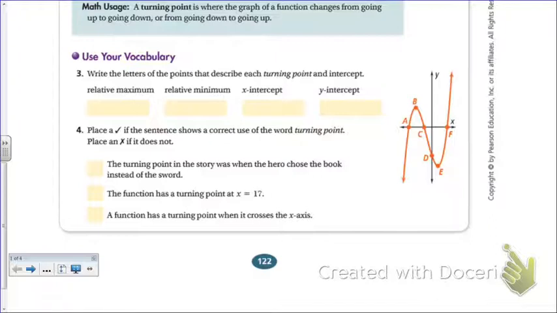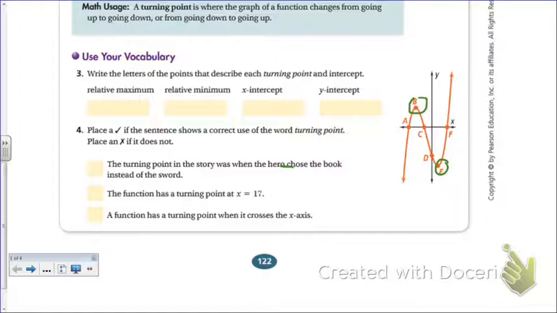Okay, so for part 3 it says write the letters of the points that describe each turning point and intercept. So we talked about turning points being where literally the graph turns. And so B and E would be my turning points. And they're also where you find what's called the relative maximum or the relative minimum.